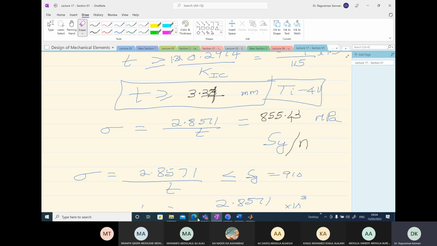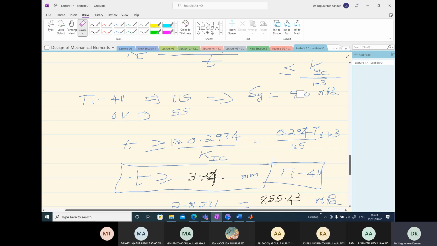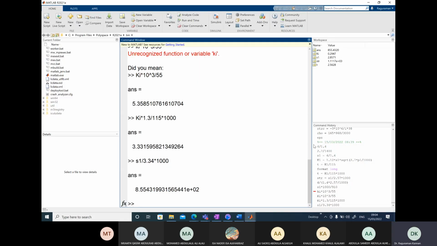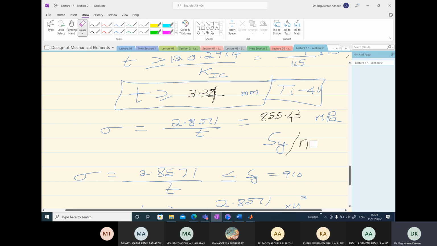Okay, so what is the stress value we have? Yield stress value 910 over 1.3. With the factor of safety we get 700, so the value 855.43 is greater than 700 megapascals.